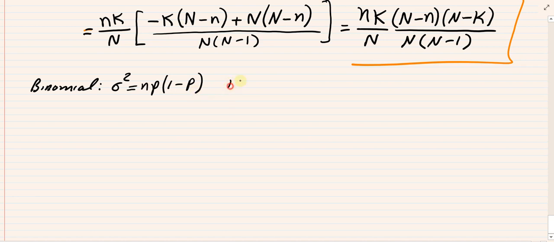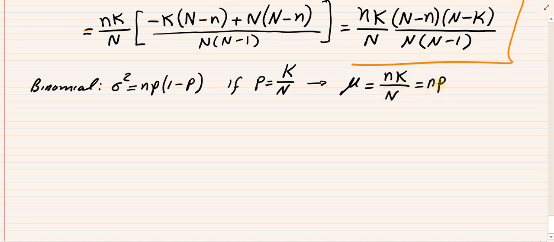So if p in that binomial expression, you let p be K over N, the ratio of capital K to capital N, then the mean, which is n capital K over capital N, becomes np, right? This was the mean of the hypergeometric. So notice it approaches the mean of the binomial, right?